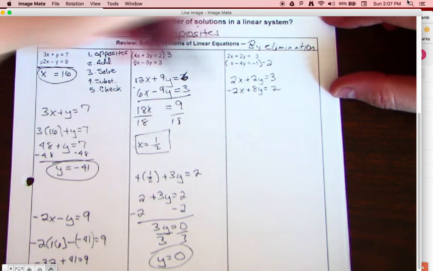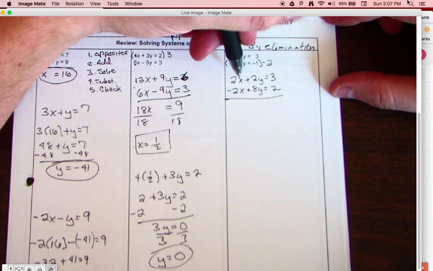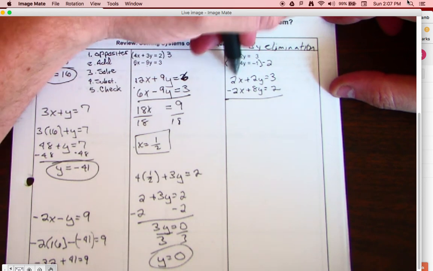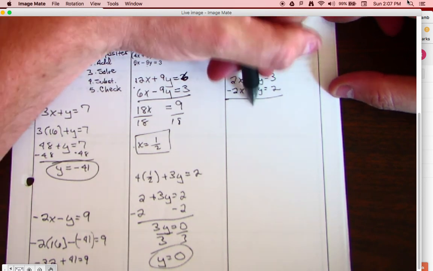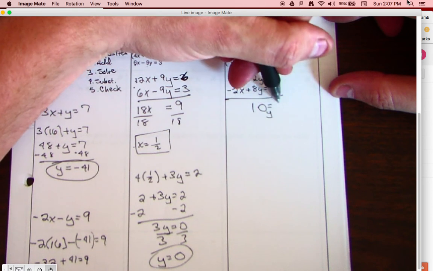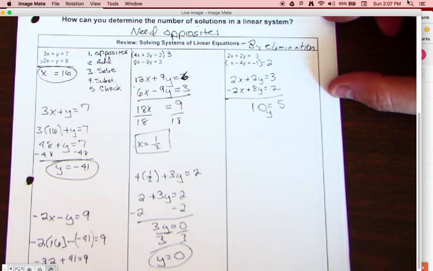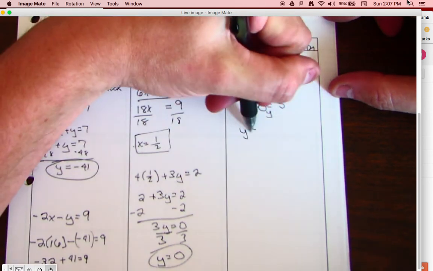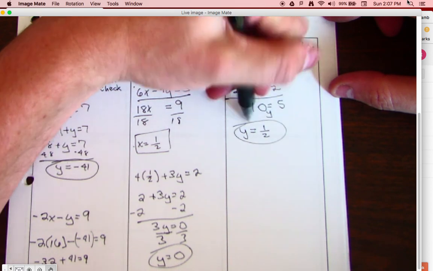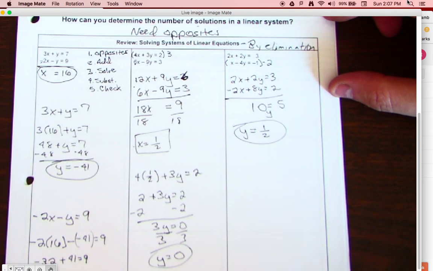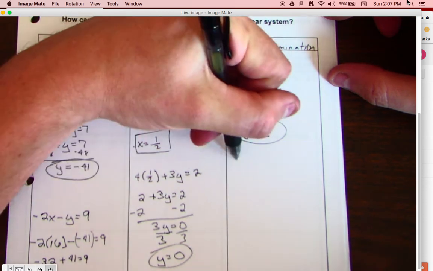And now we add straight down. So let's see here. These cancel. I get 10y. 10y equals 5. And here we divide by 10. We get y once again equals 1/2. Pick one of the equations. I will pick the bottom one this time. Like I said, it doesn't matter.